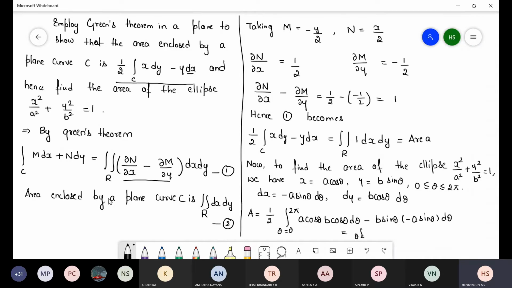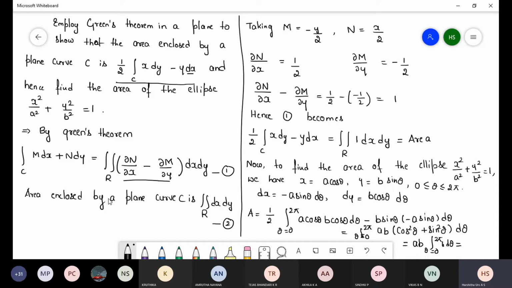Here I will take a, b common from both terms. So it remains cos square theta, minus into minus plus sin square theta d theta. We all know cos square plus sin square theta is 1. So remains ab integral theta from 0 to 2 pi, 1 d theta.